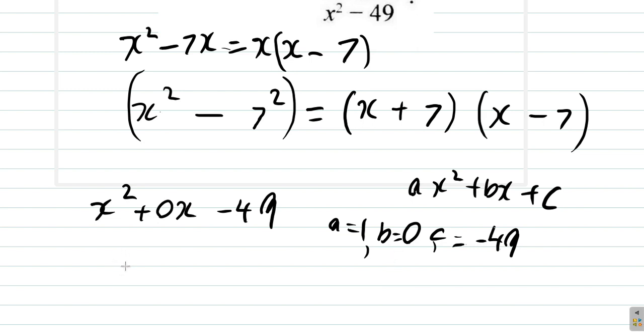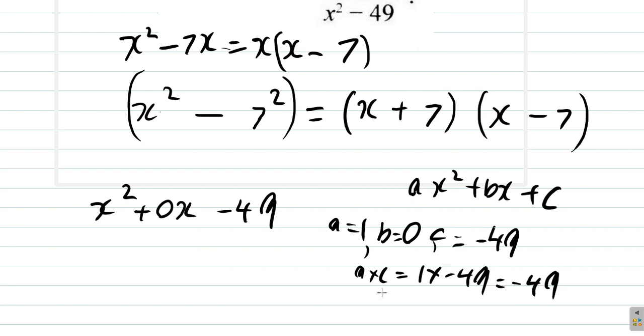So, as usual in the AC method, if you remember it, you multiply a by c and see what you get. This is 1 times negative 49, which gives you negative 49. That's AC.